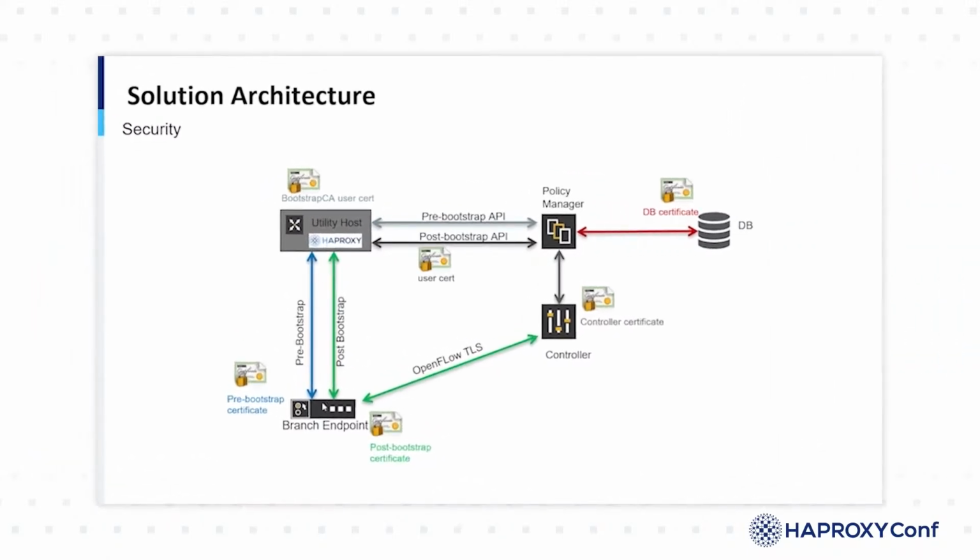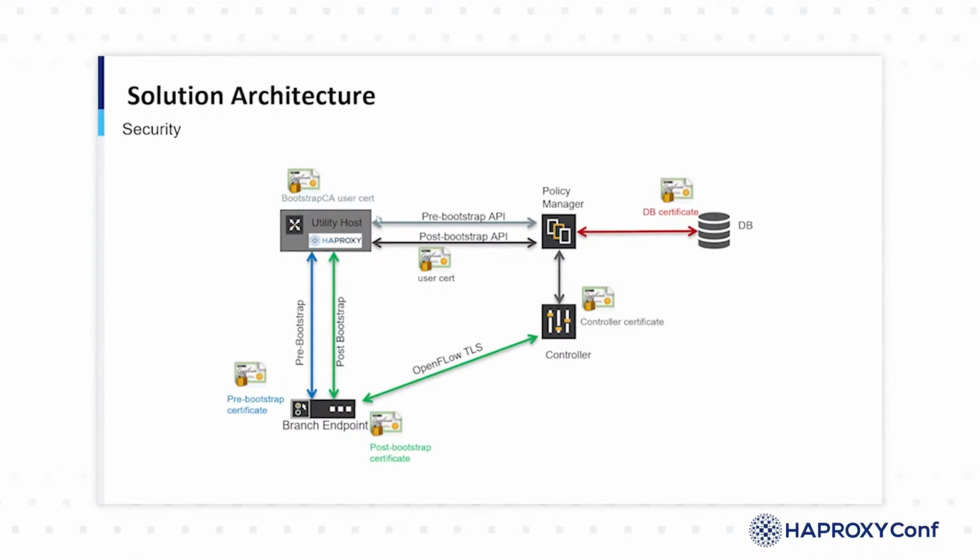And this is what we're seeing here, the branch endpoint going through HAProxy and doing the activation. So there's the pre-bootstrap certificate that we're using, and then there's a post-bootstrap one, as I've mentioned earlier. We're using different CAs to validate those certificates, and these are all things that we can configure in the front ends of HAProxy.